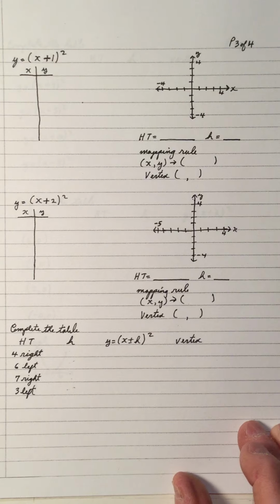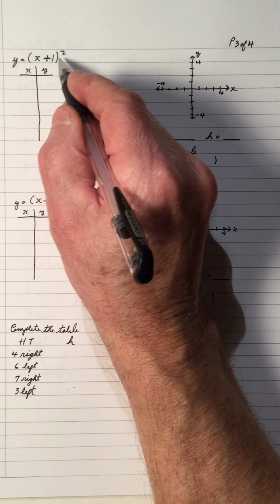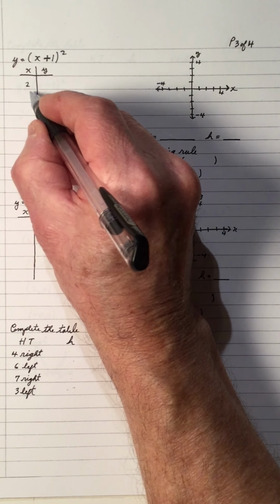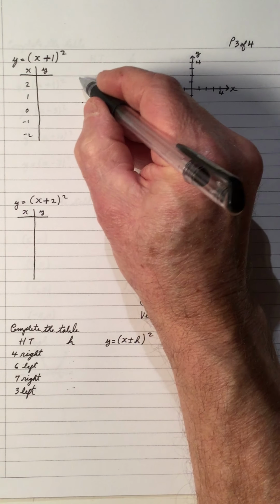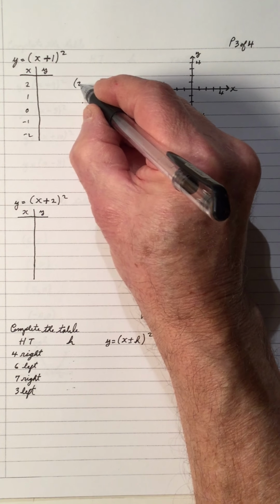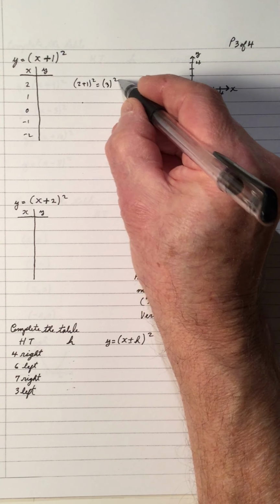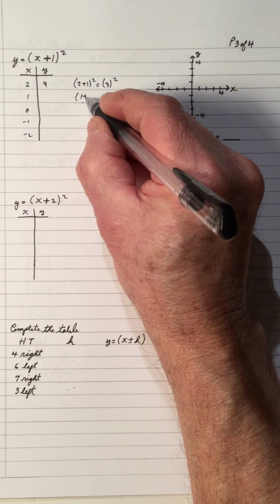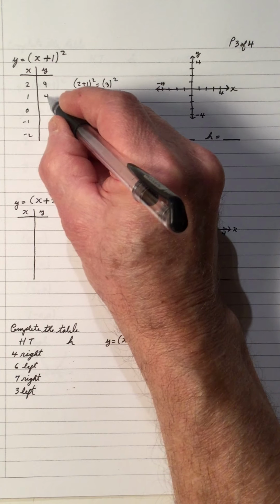So what about y equals bracket x plus 1 squared? Instead of a minus 1, we have a plus 1. Let's try a 2, a 1, a 0, a negative 1, negative 2 again. So this time we have a 2, so 2 plus 1 squared is 3 squared is 9. And we have x is 1, so 1 plus 1 squared is 2 squared, which is 4.